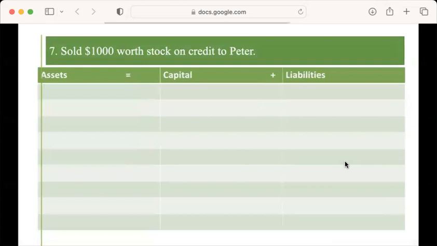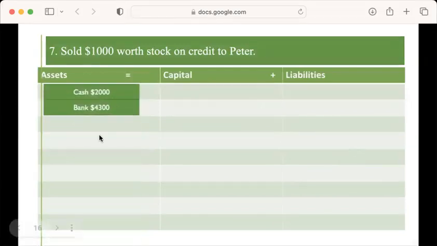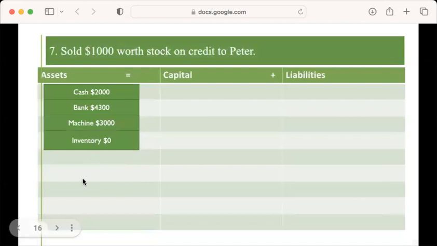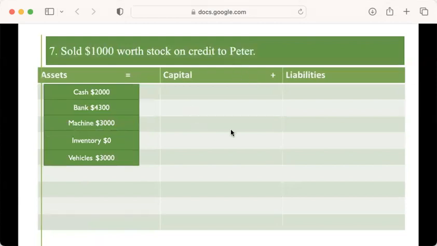Right. On the 7th, sold another 1,000 worth stock of goods on credit to Peter. But this time we are selling it at the same price. That's why it doesn't say anything about the sales price. So stock of goods becomes 0 now. Now we sold it to Peter on credit. That means Peter has not given us money. So until Peter gives this £1,000, he becomes a debtor for us.